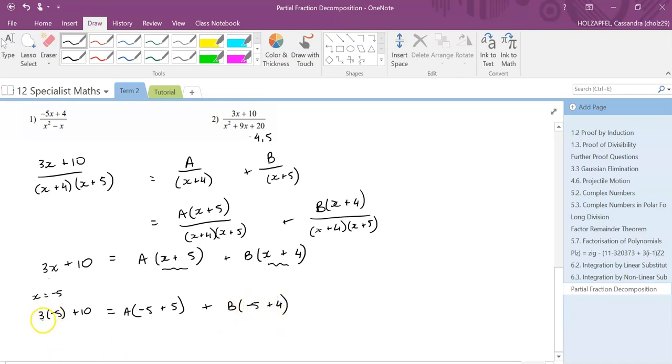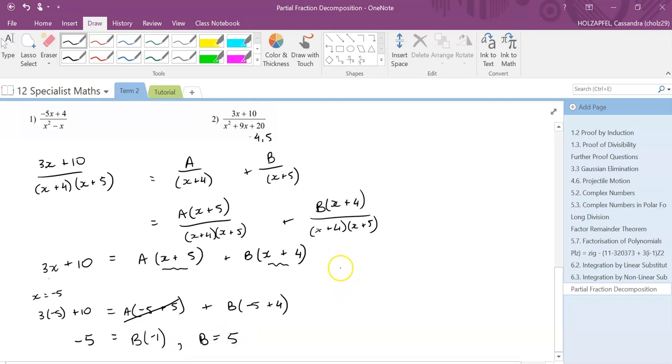Okay, so 3 times -5 is going to be -15. -15 plus 10 is -5. This is going to cancel, and so I'm going to be left with this. So b times -1 is going to be equal to -5, so therefore b will be equal to 5.